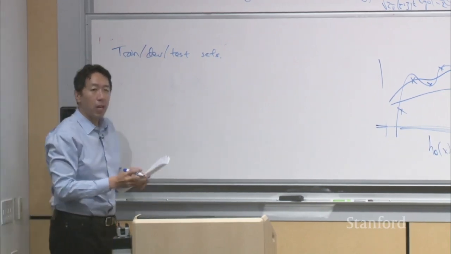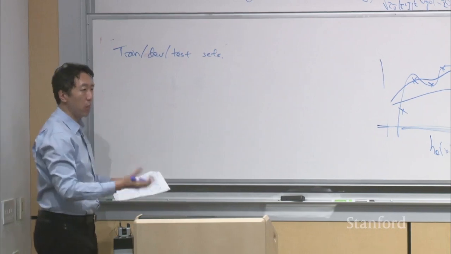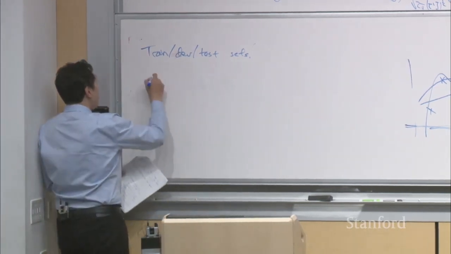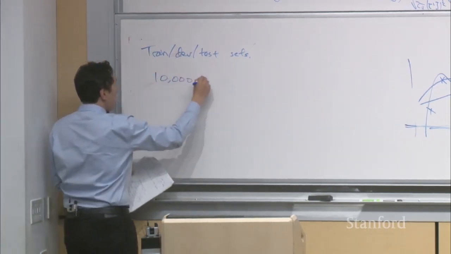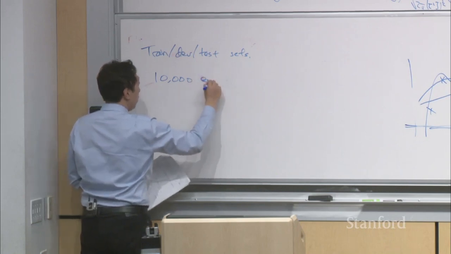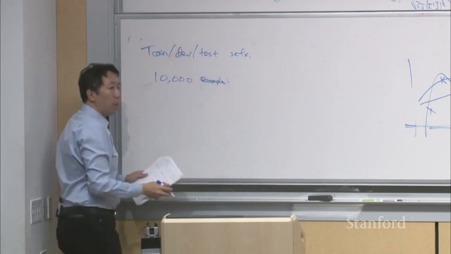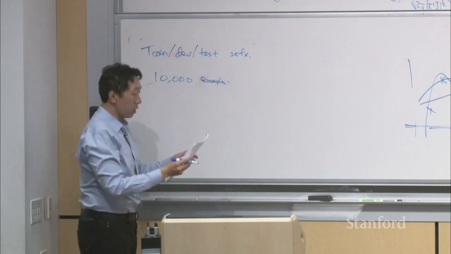And a good hygiene is to split the data into train, dev, and test sets. So if you have, say, 10,000 examples, right, and you're trying to carry out this model selection problem.